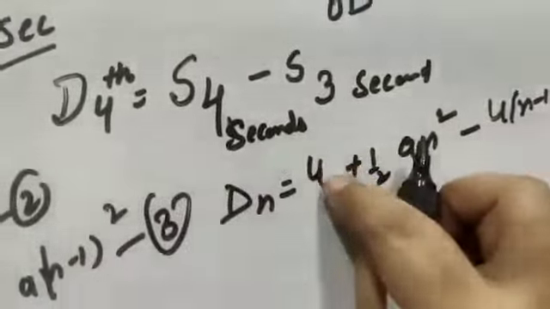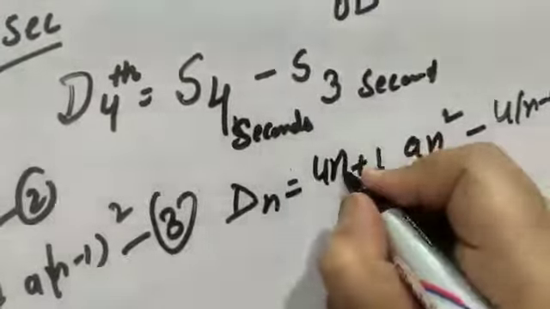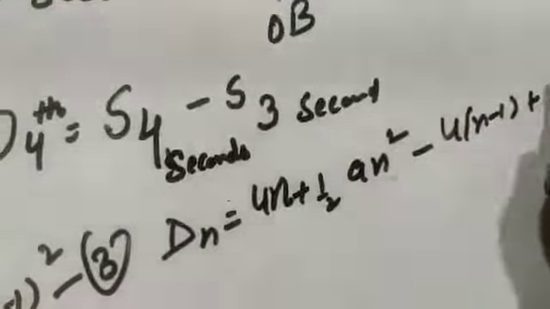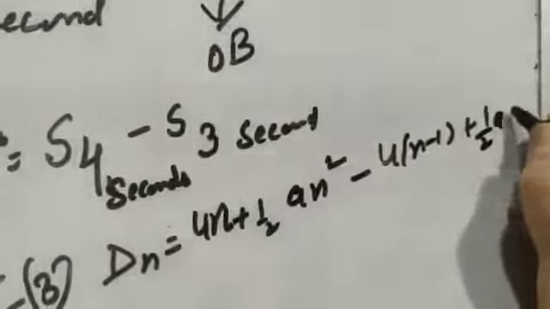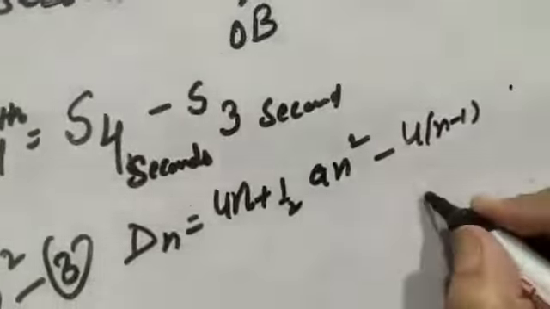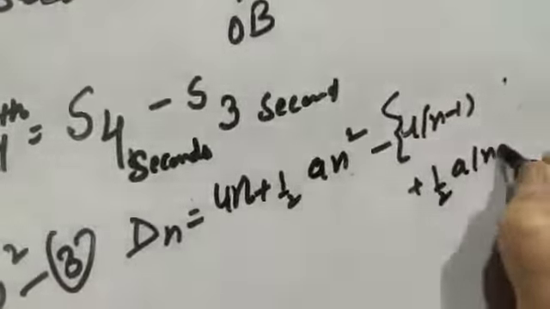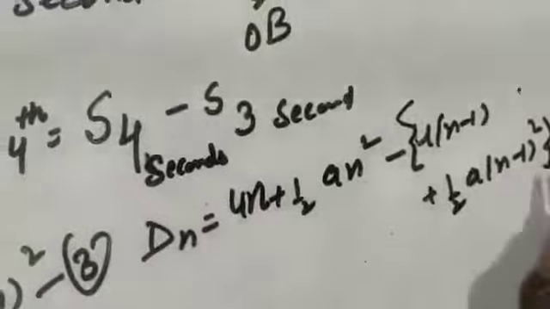Keep in mind this is not a subscript, this is multiplication, just like ut. Plus half a(n minus 1) whole square.